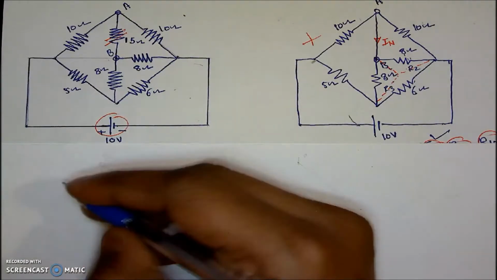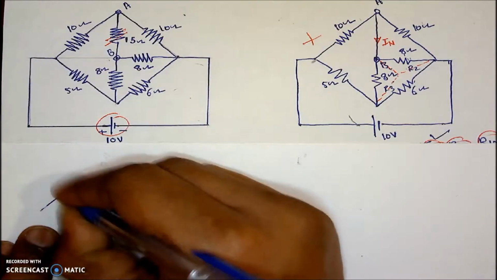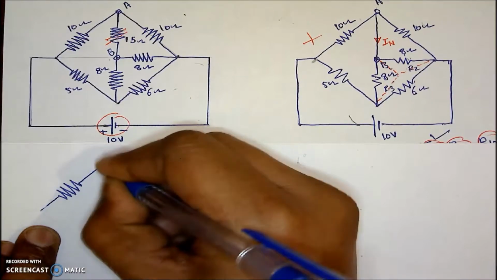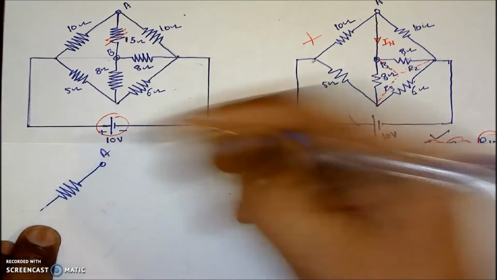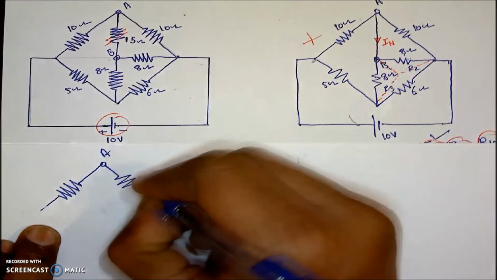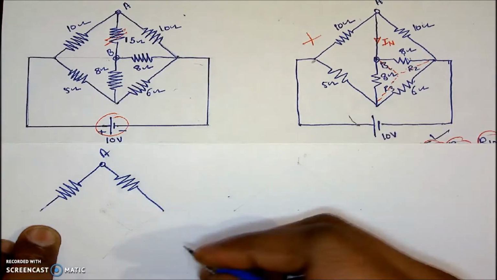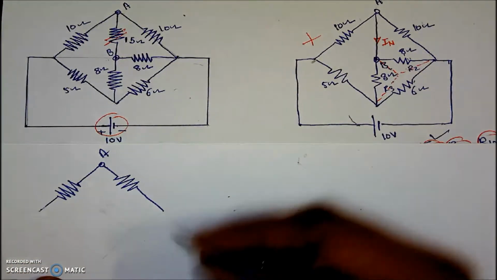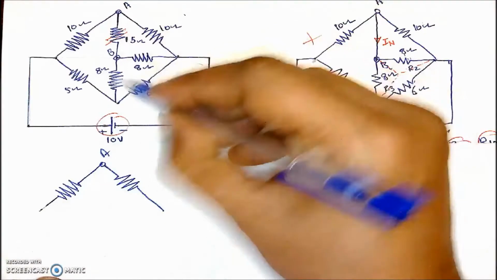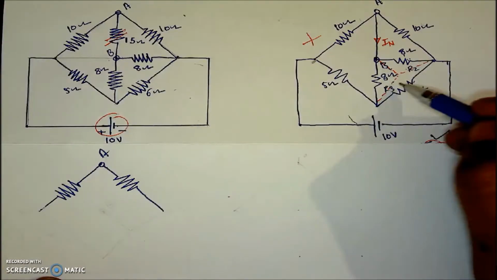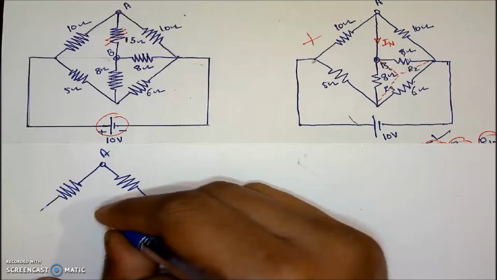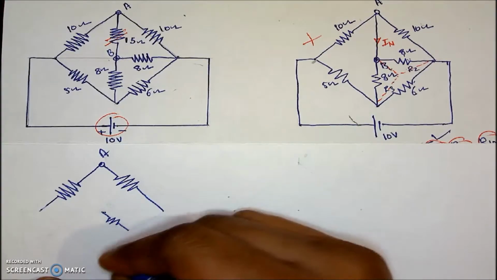That is nothing but the Norton's equivalent resistance. The figure will be something like this. Here is terminal A, and here this delta is already converted into the star and its calculations are done. I will copy the calculations from there.